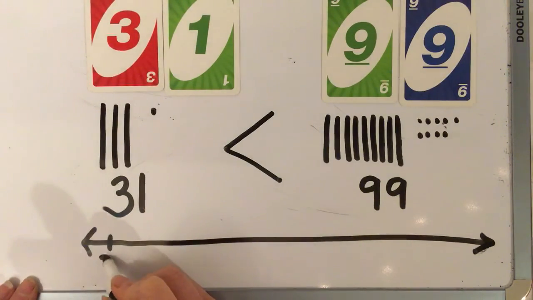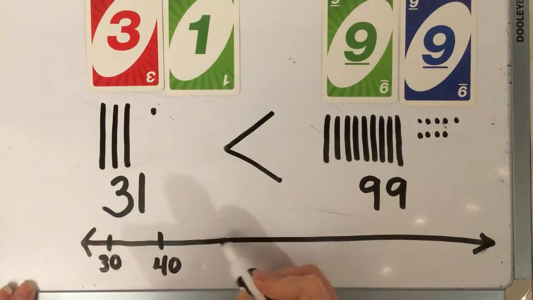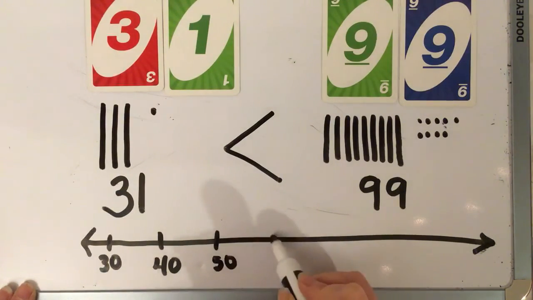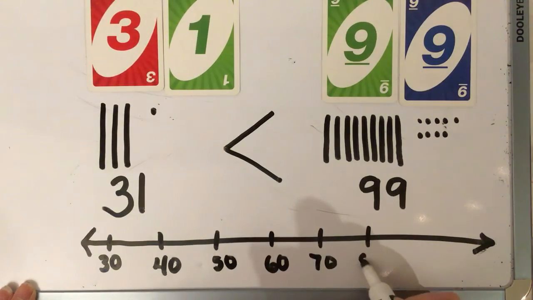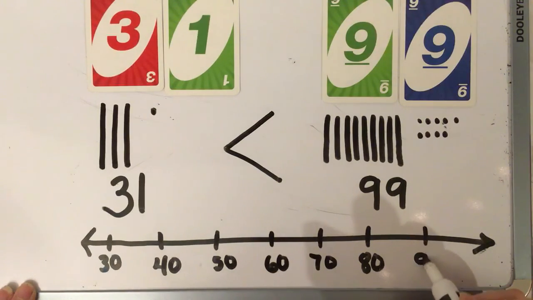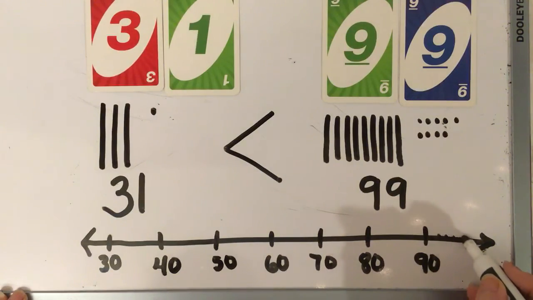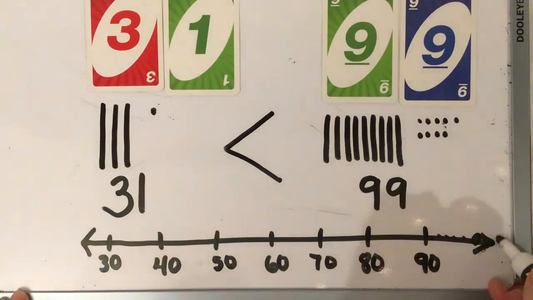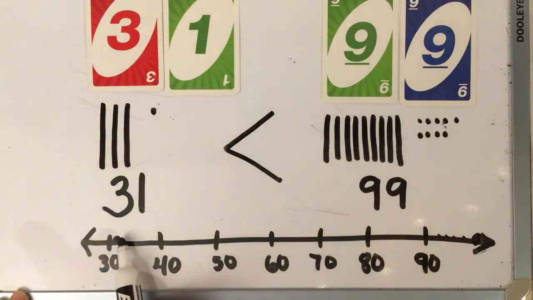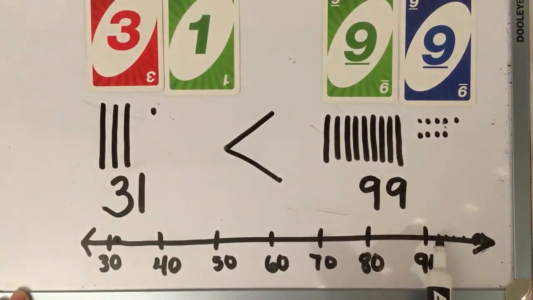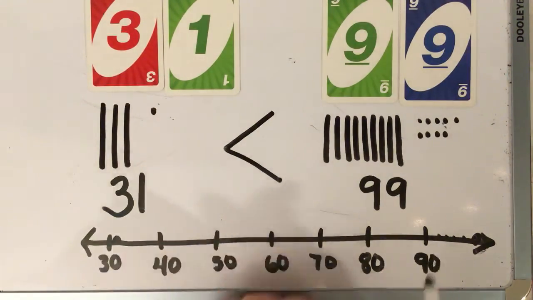I'm going to start at 30, and then I'm going to write 40 and 50 and 60 and 70 and 80 and 90. 99 would be 90, 91, 92, 93, 99 would be way up here as a big number, and 31 would be right by the 30. So you can see that 90 is much bigger than 31. 31 is less than 99.